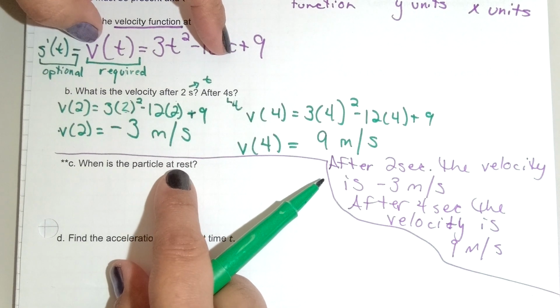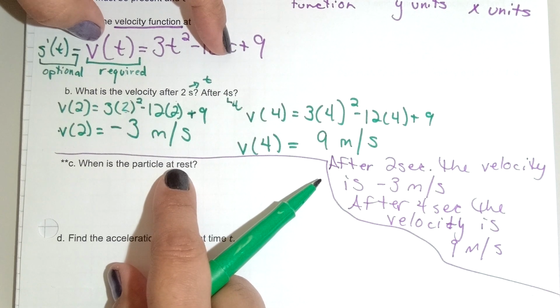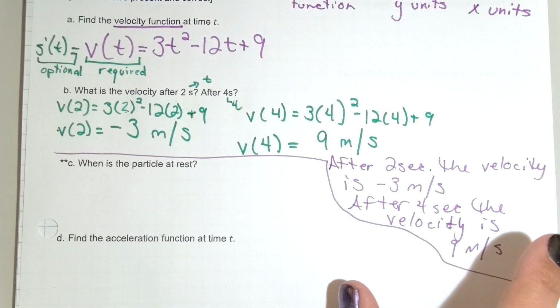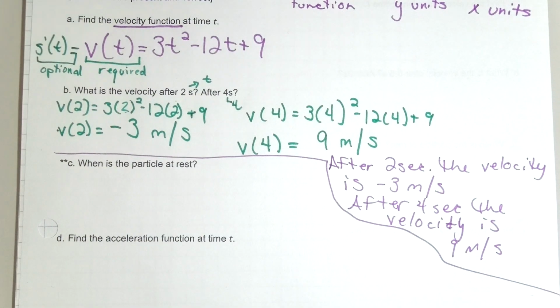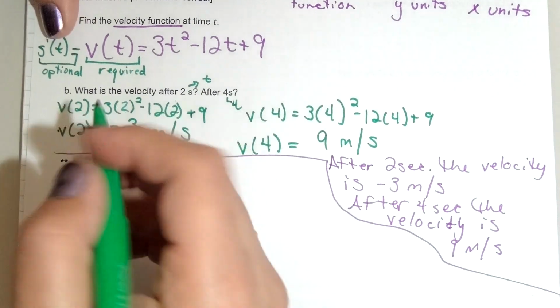No, we're not on acceleration yet. So when it's at rest, are we talking about the force? Yeah, it's 0. What's 0 though? It's not t. She just said that. It's not s. It's v of t. The velocity is 0. The speed is 0.